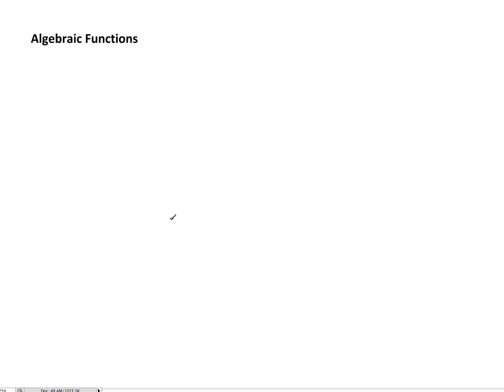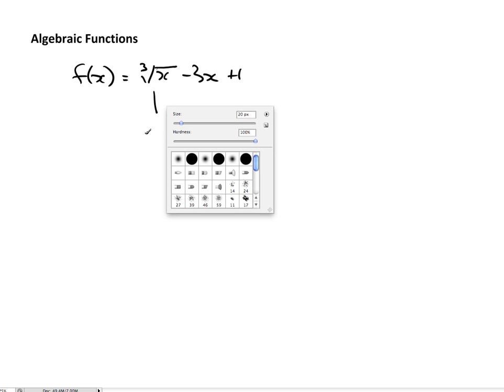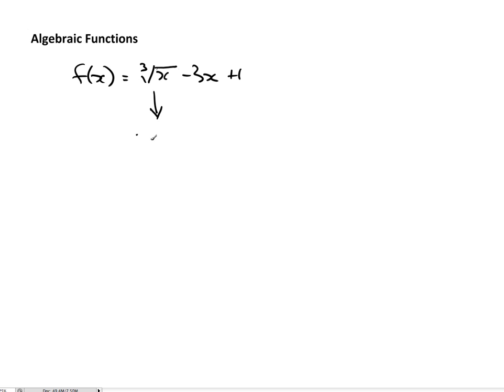An algebraic function covers all those things that are not polynomials. As an example, if I take f of x equals the cube root of x minus 3x plus 1, let me fix that radical because it was really ugly. There we go. This is not a polynomial because this is x to the 1/3, and that is not a positive integer.